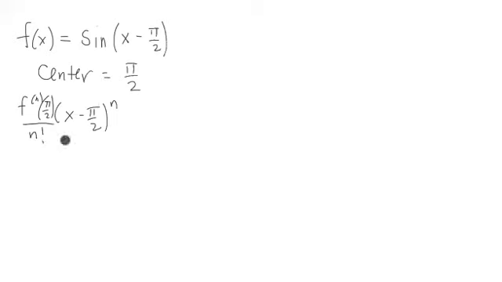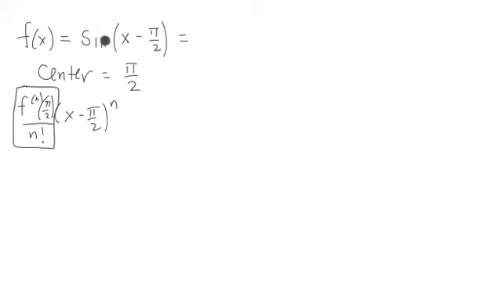Okay, so let's get going on this. I need to come up with maybe a pattern for what these coefficients are, and then maybe express that in terms of n. So we got to find a pattern.